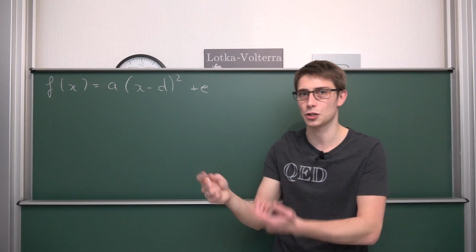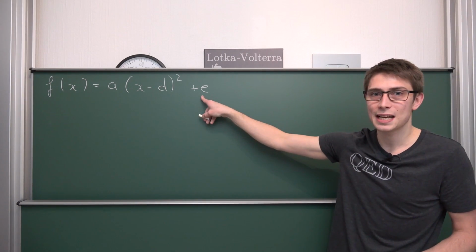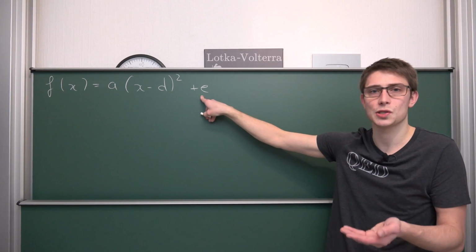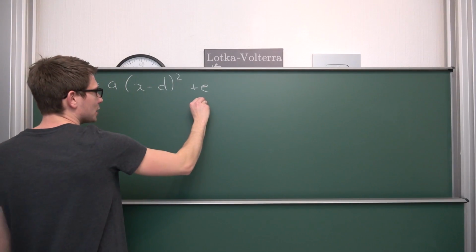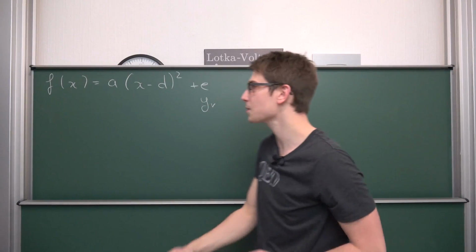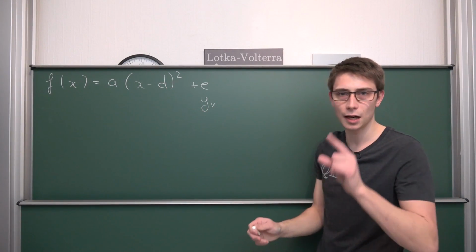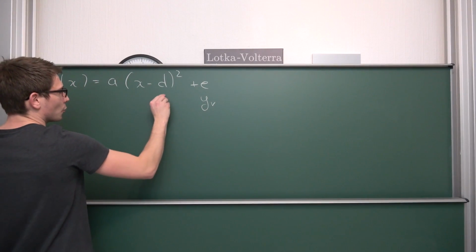So taking the analogies from the cases we had before, the y-intercept is in our case also the y-coordinate of our vertex, meaning this can also be denoted as y with a little v down here for vertex. And our d, only the d, not with a negative sign, is the x-coordinate of our vertex.